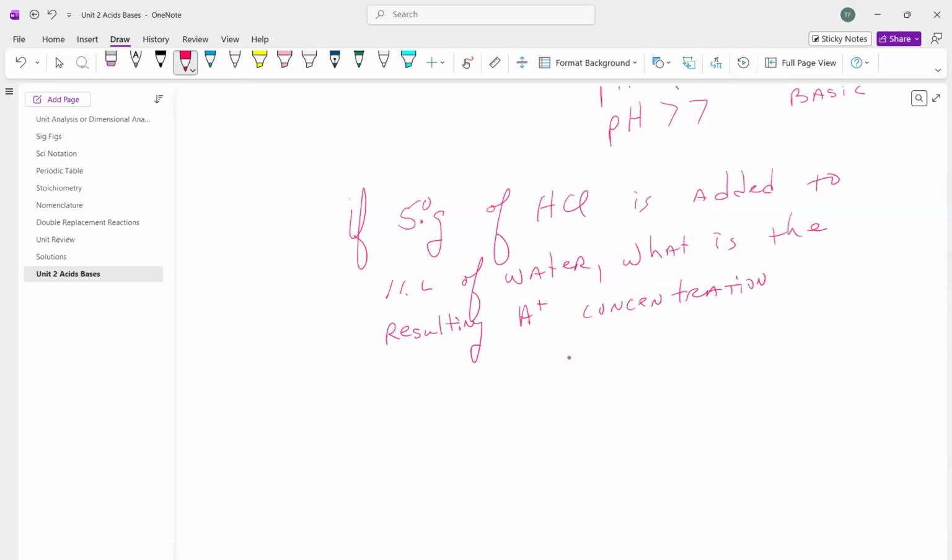Now, when you get into acid-base calculations, square brackets are another way of saying molarity. They're used interchangeably.